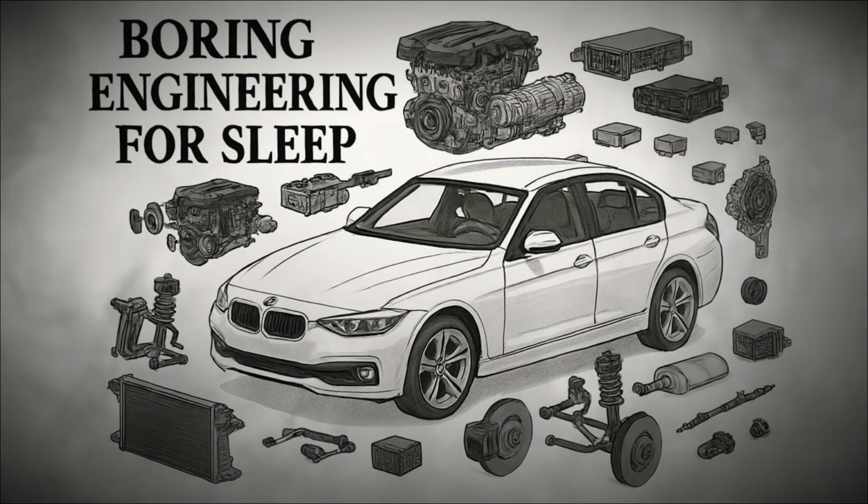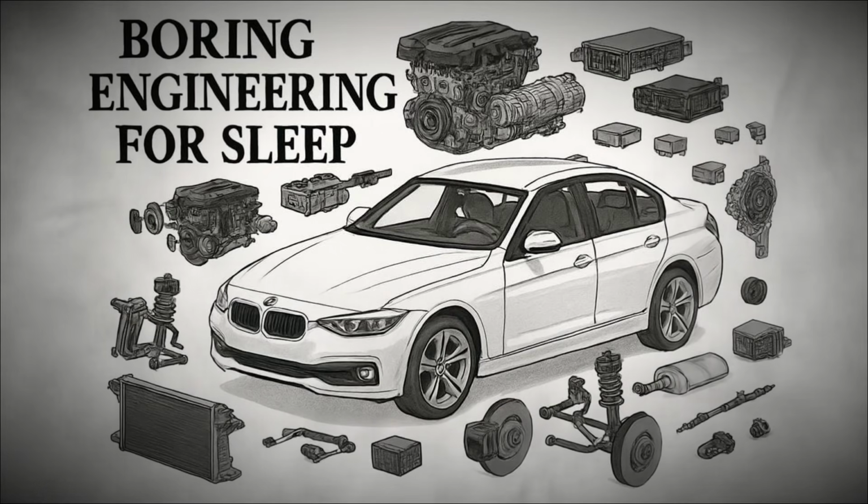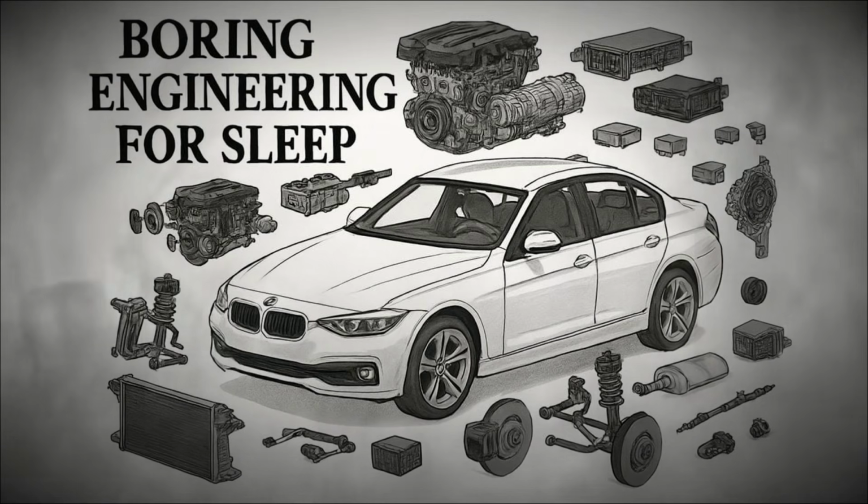Multi-link suspension uses several arms to precisely control wheel movement, offering both comfort and performance, but at higher cost and complexity. Air suspension and adaptive suspension systems add electronic control, adjusting stiffness or ride height according to conditions.